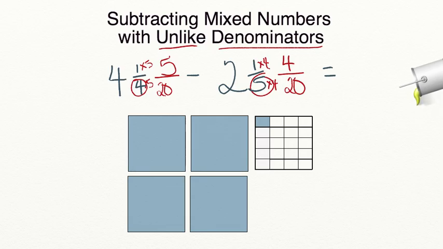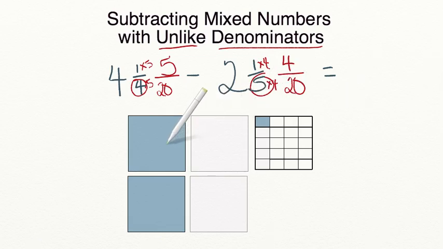Now we need to subtract our wholes. We have 4 wholes shaded in. 1, 2, 3, 4. We need to subtract 2 wholes. 1, 2. All right, let's add up our wholes and our fractions.